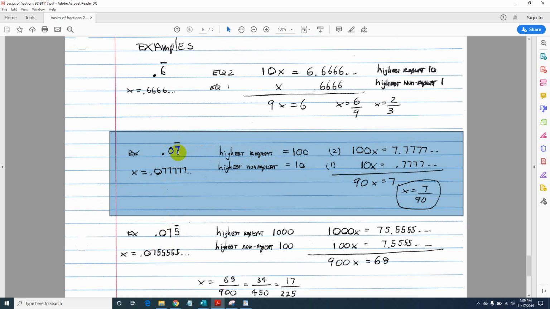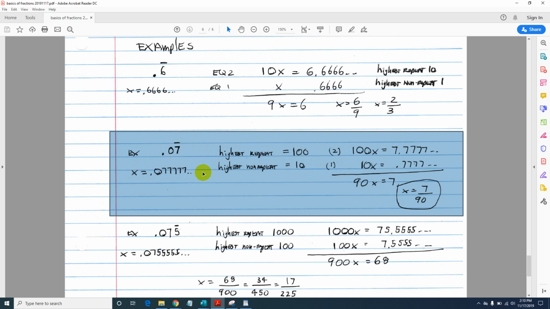It's the hundredths place, so equation 2 will be 100 times x. Now, what is the highest non-repeating place? This is the ones place, this is the tenths place, the hundredths place, the thousandths place. The highest non-repeating place is the tenths place. So in this case, equation 2 is multiplied by 100, and for equation 1, you multiply x by 10.